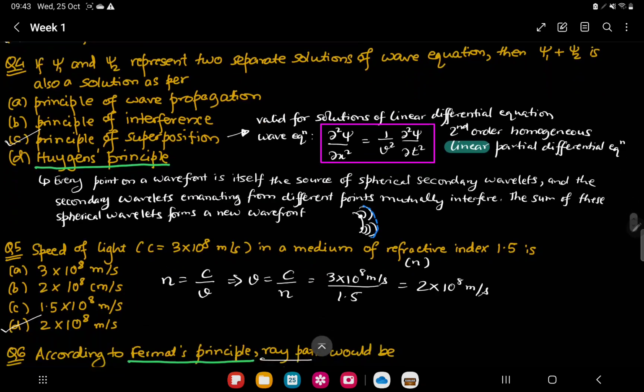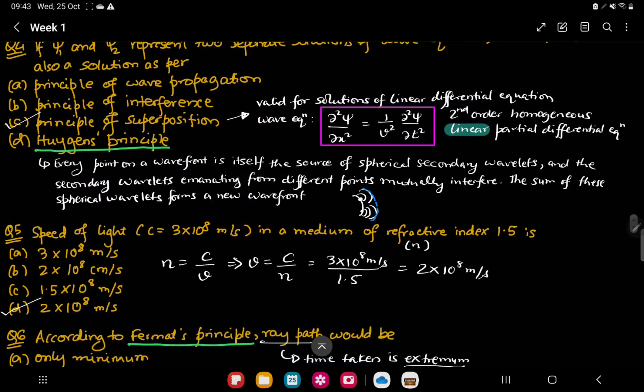And Huygens principle, as we have studied in detail, states that every point on a wavefront is itself the source of spherical secondary wavelets, and these secondary wavelets emanating from different points mutually interfere, and finally the sum of these spherical wavelets forms a new wavefront.